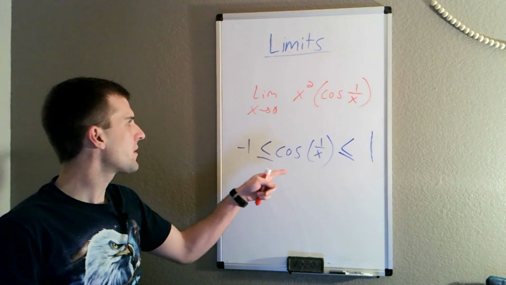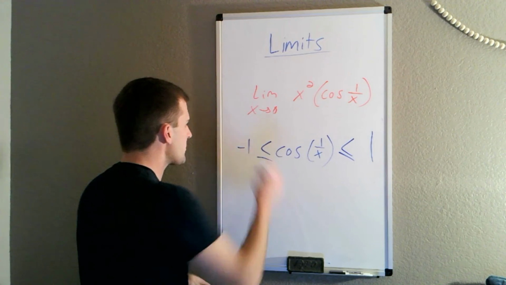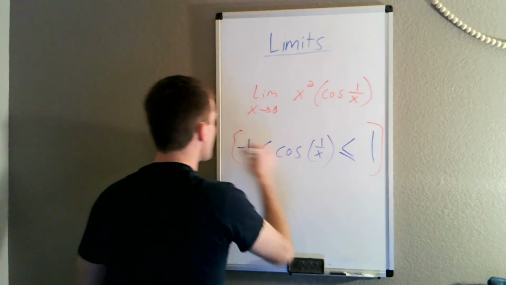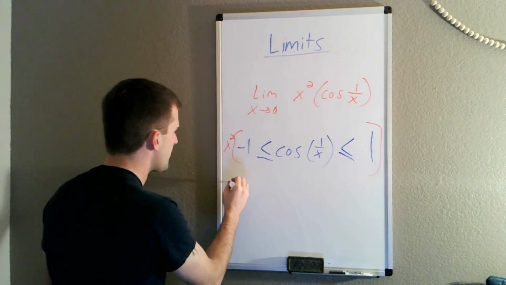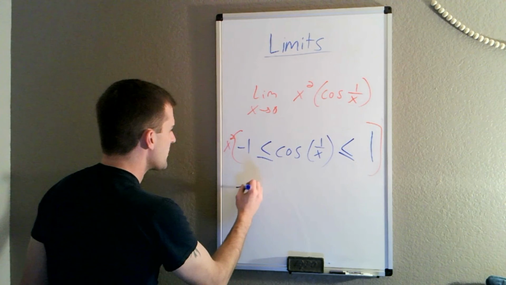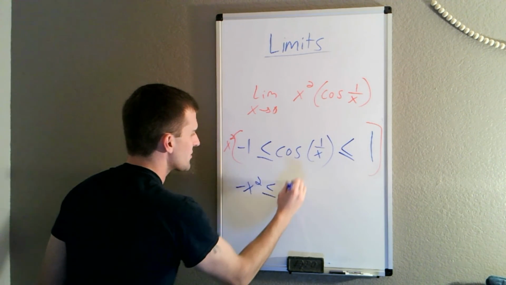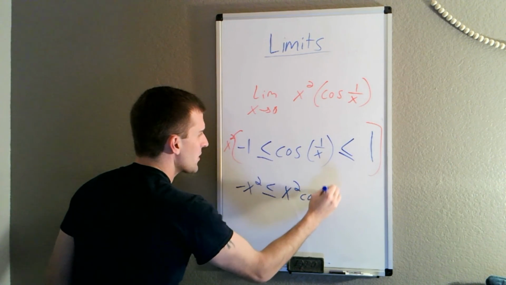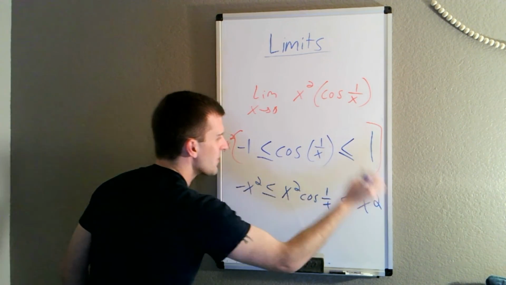Let's multiply everything by x squared. So we are going to multiply the entire thing by x squared. So x squared times -1 is -x squared, which is less than or equal to x squared cosine of 1 over x, which is less than or equal to x squared.